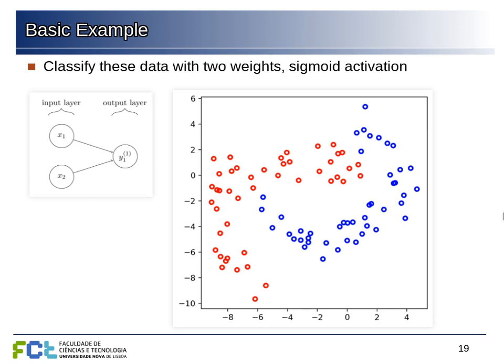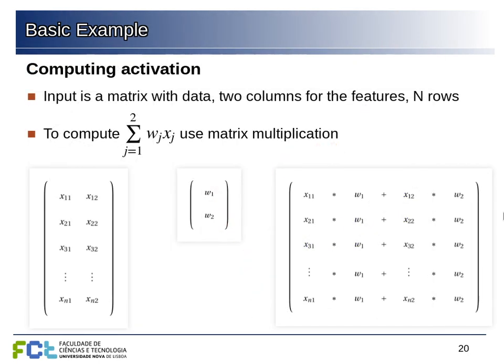So each of these points has a pair of values that determines where it lies, and we output here with the sigmoid activation the probability of belonging to one of the classes. The other class would be 1 minus that probability. So we can draw a line at the 50% or 0.5 probability and separate the two classes.